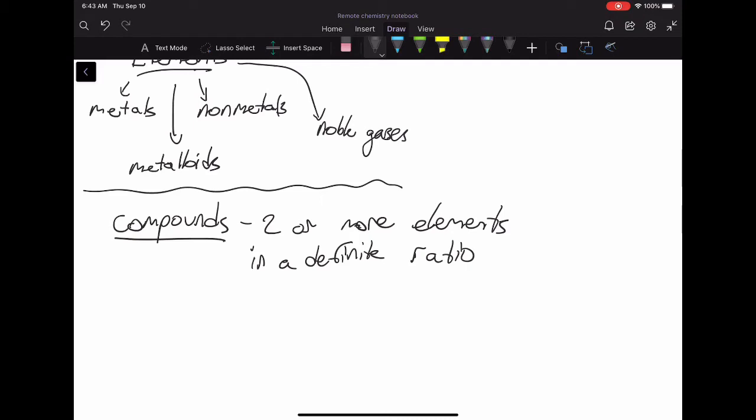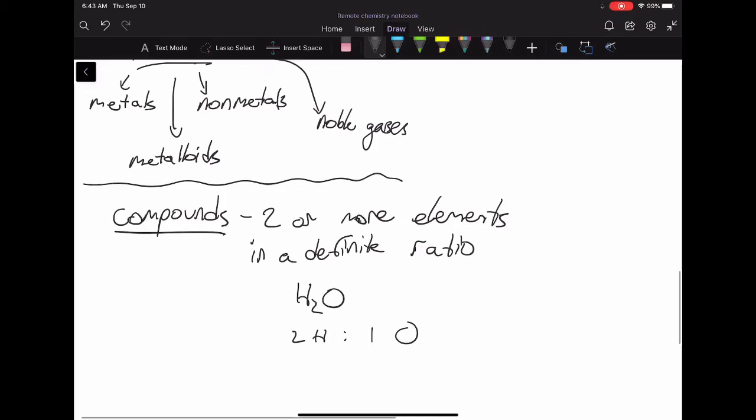So what that means, if you have, for example, water is H2O. What this means is that you will always have 2 H, which is also known as hydrogen, in a 2-to-1 ratio with oxygen. So O is oxygen. So that's what it means by a definite ratio.